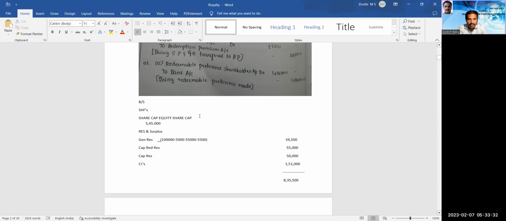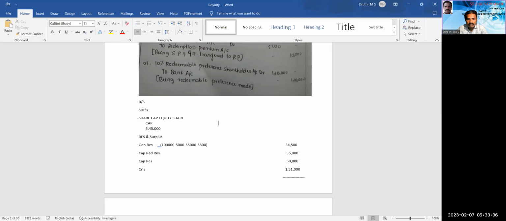If it is not possible, I'll write here 5,45,000. It is not coming. Okay, it is moving. So now I am writing here that I could not write. 5,45,000. This is missing. Let it be.